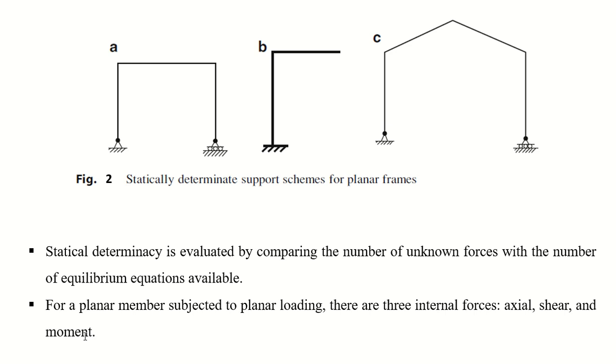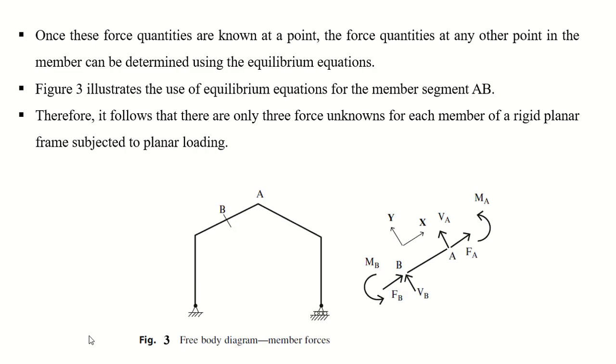And we have three equilibrium equations: summation of Fx, summation of Fy, and summation of moments, right? Once these force quantities are known at a point, the force quantities at another point in the member can be determined using the equilibrium equations.